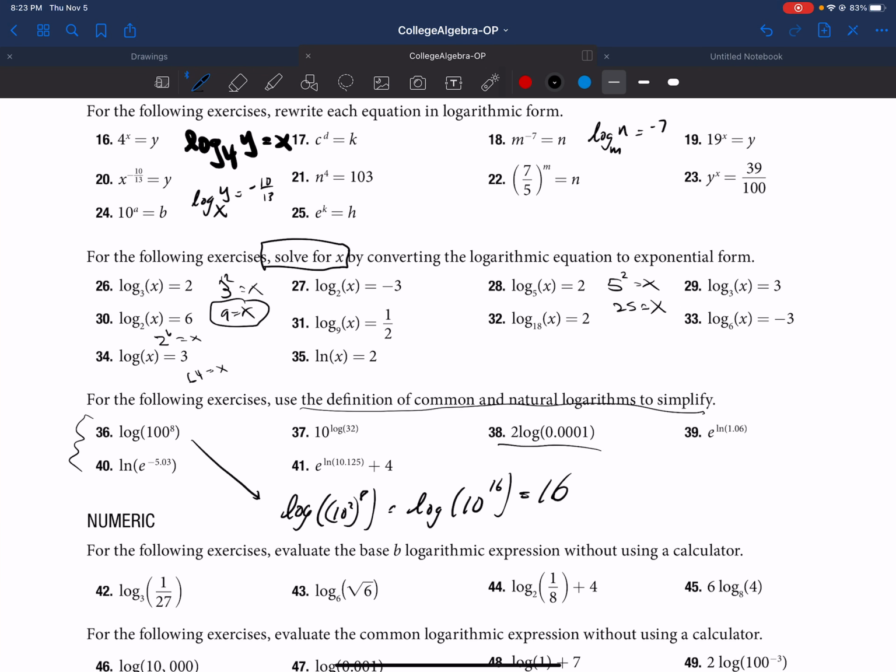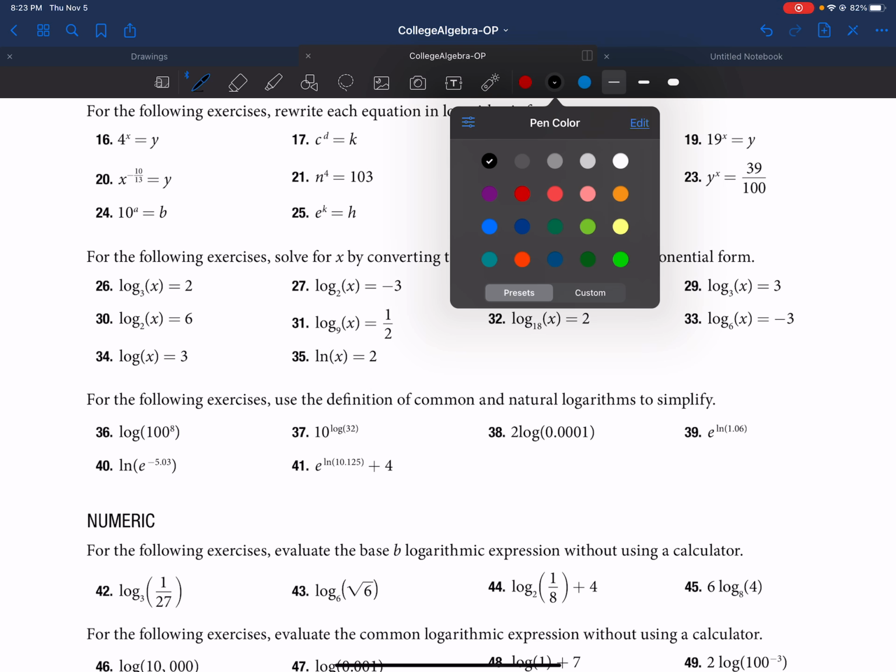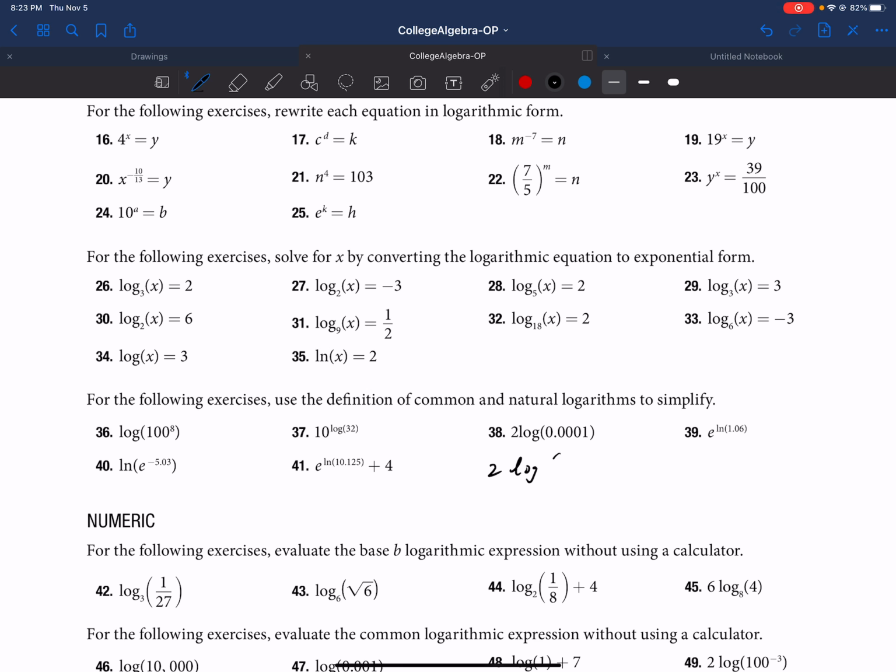If you had something like 38, here's the deal with 38. So one thing I'm going to do is just clear the page here for a second, and watch this. So this is 2 log, and what I'm going to do is this. That's tenths, hundredths, thousandths, 10,000ths. So that's 1/10,000th. But that's 2 log, and 1/10,000th is 10 to the negative 4. You could also say, it would be 1, 2, 3, 4 to get there.